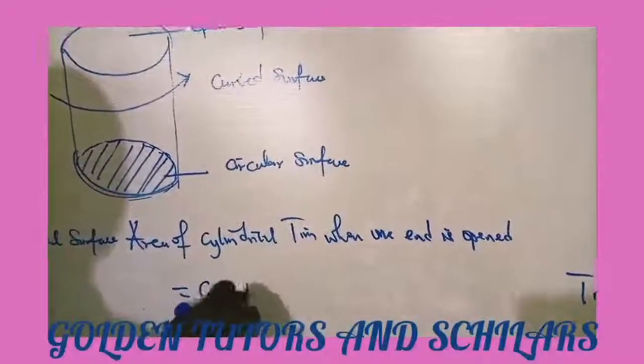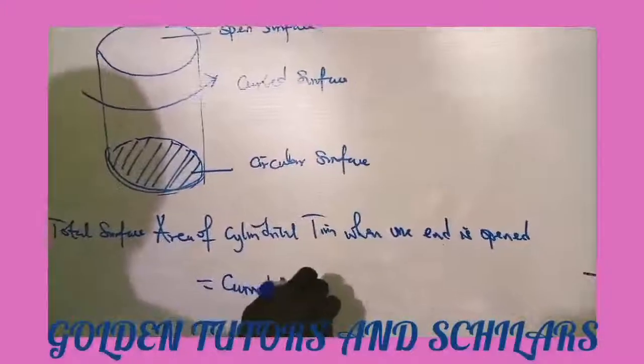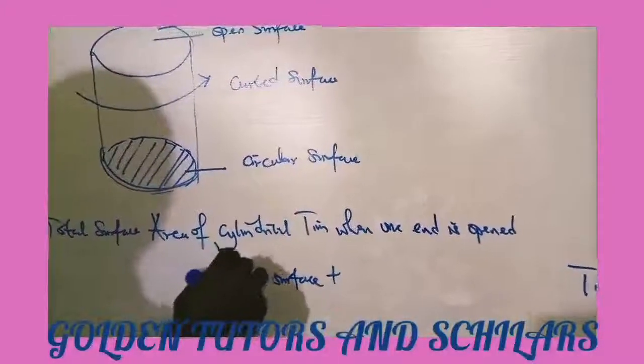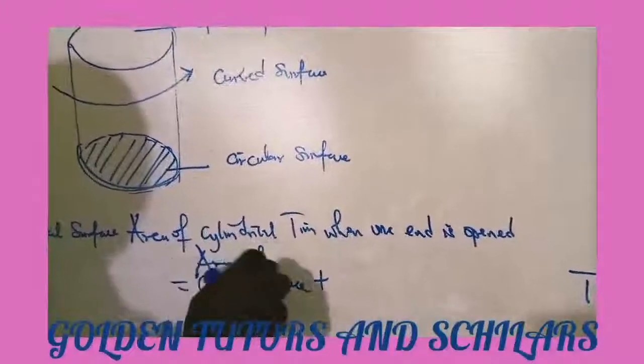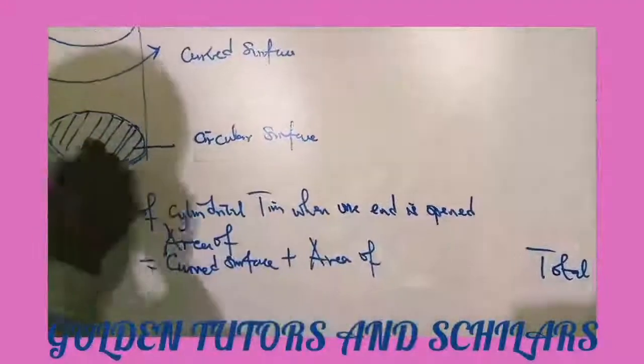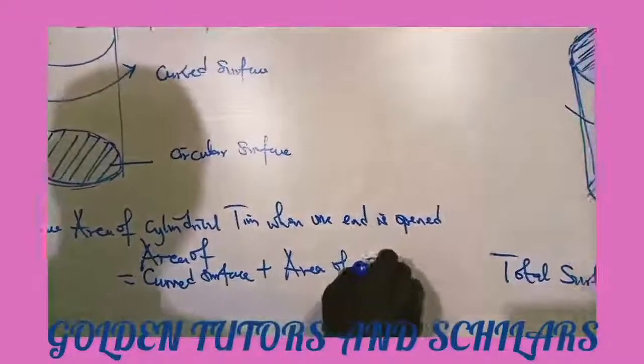It is going to be the area of the curved surface plus the area of just one circular surface.